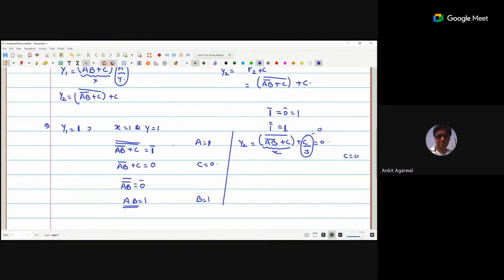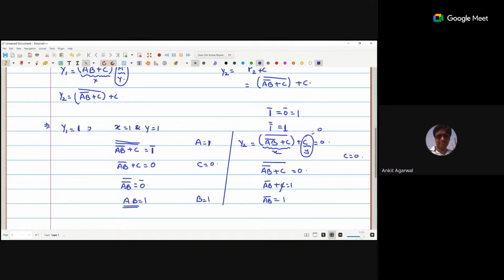So C is 0. Now the remaining term, (A B bar plus C) whole bar, is also 0. So I take a double invert. So A B bar plus C is equal to 1. Now we know that C is already 0.